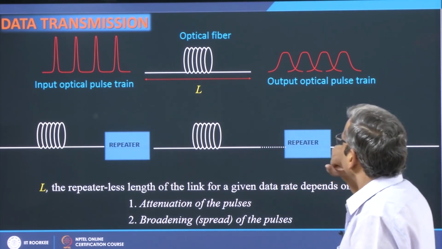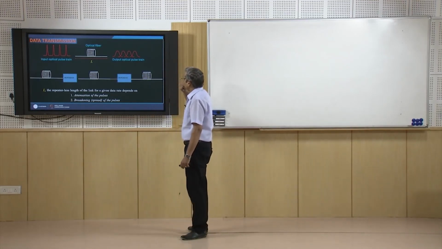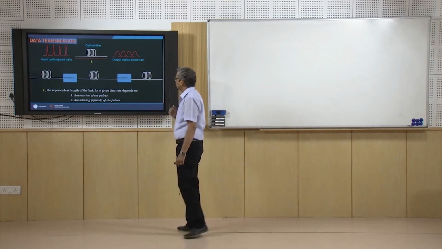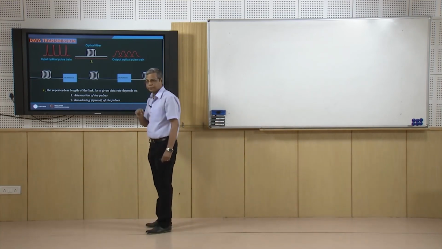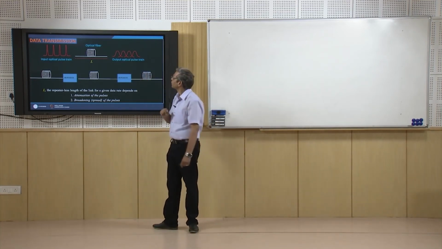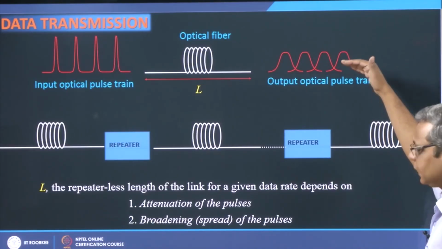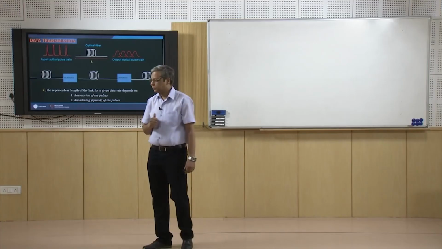So, when I send these pulses through optical fiber and the pulses become like this, I will have to take care that these pulses do not overlap. Also, the power level of the pulses should remain at such a level that the optical detector should be able to detect them.